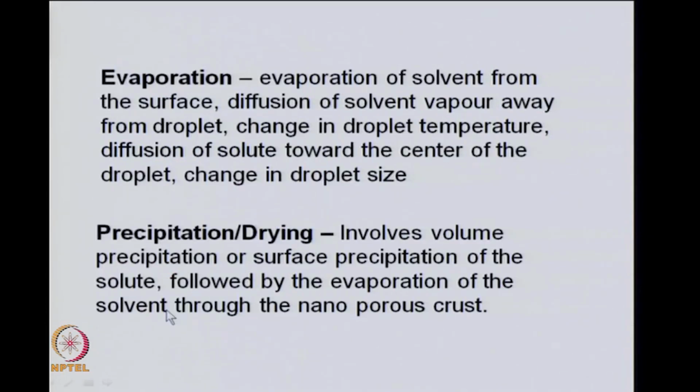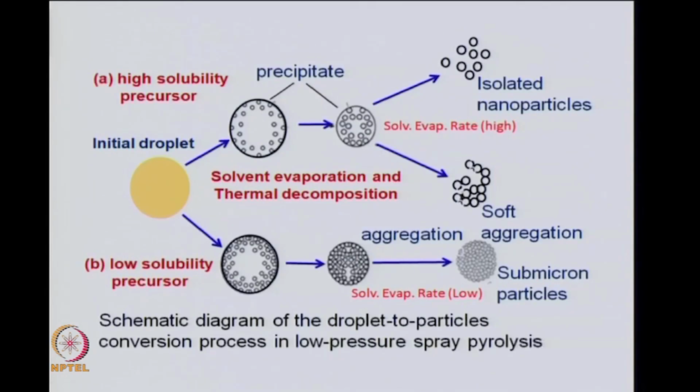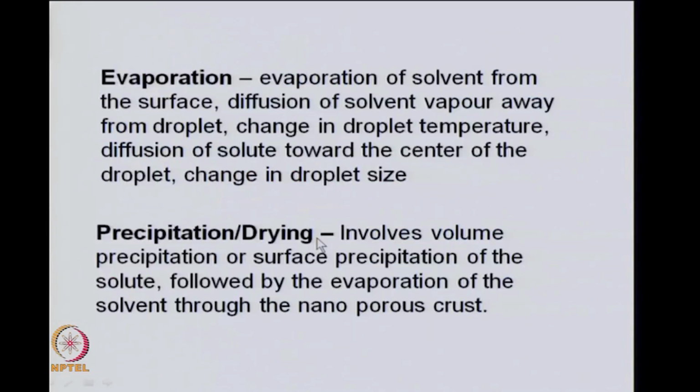It can be through evaporation, it can also be through precipitation drying, which involves volume precipitation or surface precipitation followed by evaporation of the solvent through the nanoporous crust. So, in the precipitation drying, you can have precipitation on the surface and you can get a crust formation, and this crust formation will lead to solid particles on the outside and solvent inside.